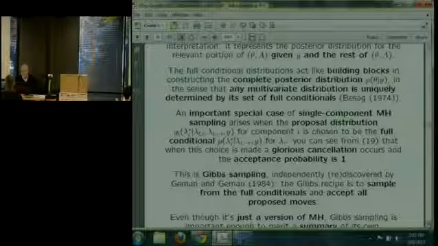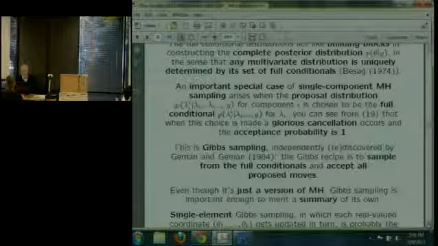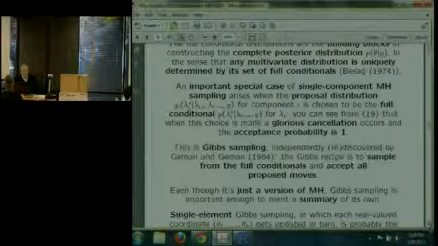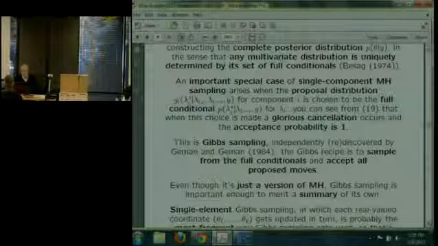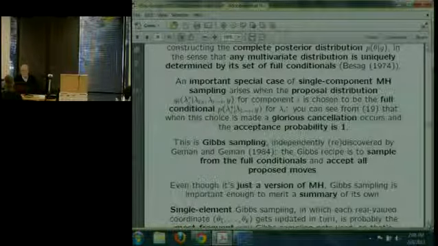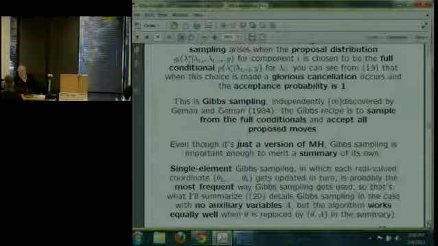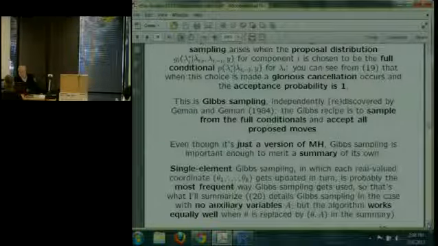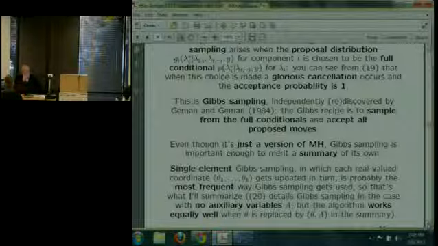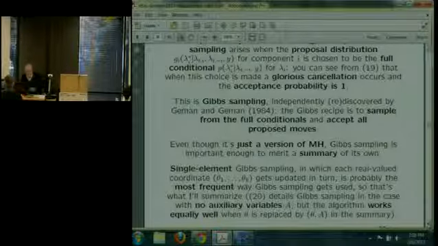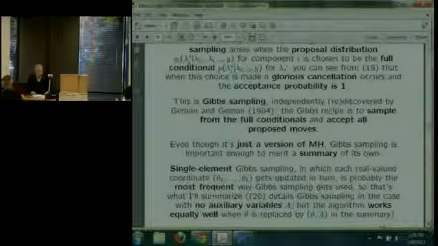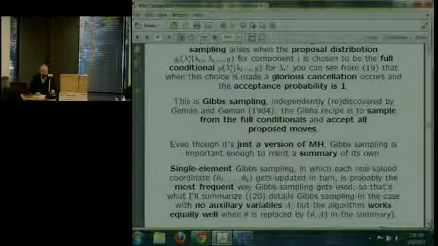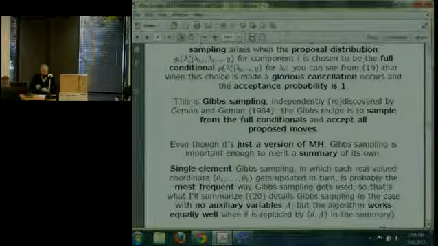And even though it's just a version of Metropolis-Hastings sampling, it's important enough to merit a summary of its own. The simplest way to use it, the most frequent way to use it, is with no auxiliary variables and updating each element one at a time. And so I will now show you on the pages over here exactly how you would use Gibbs sampling in the NV10 model.